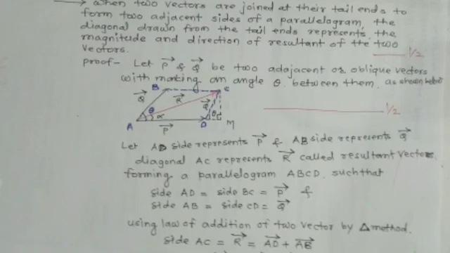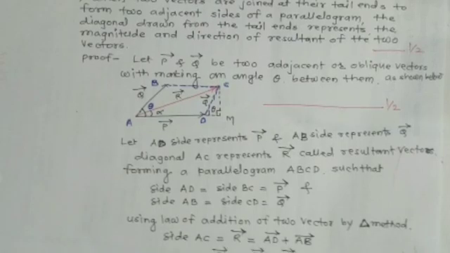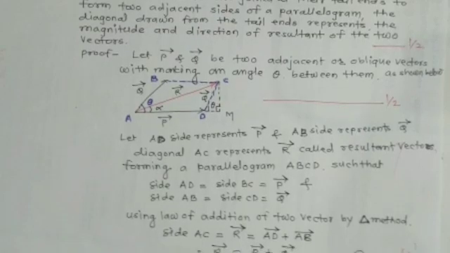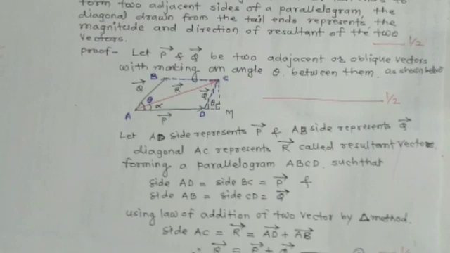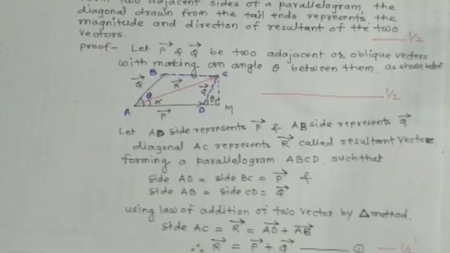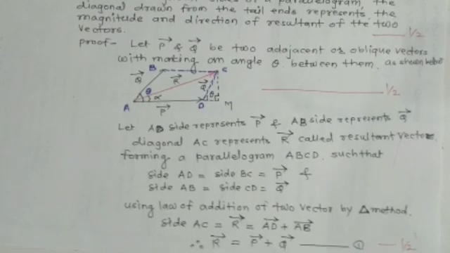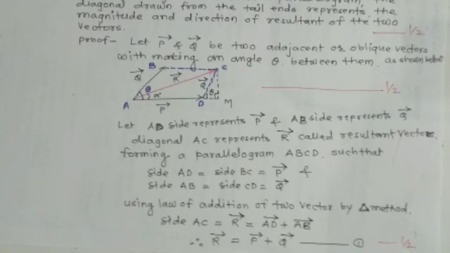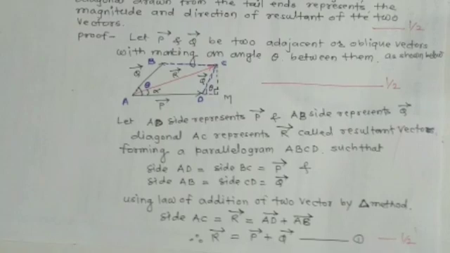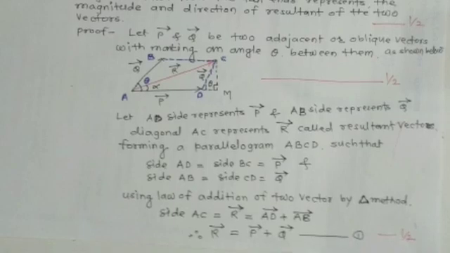Side AD represents vector P and side AB represents vector Q. Diagonal AC represents vector R, which is called the resultant vector, forming parallelogram ABCD such that side AD equal to side BC equal to vector P and side AB equal to side CD equal to vector Q. Using the triangle method of vector addition, side AC, which is vector R, is equal to side AD plus side AB, meaning vector R is equal to vector P plus vector Q.